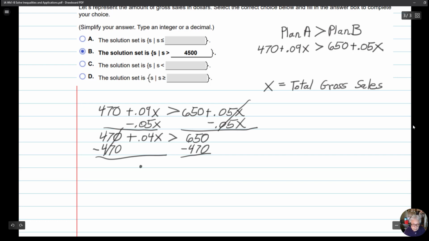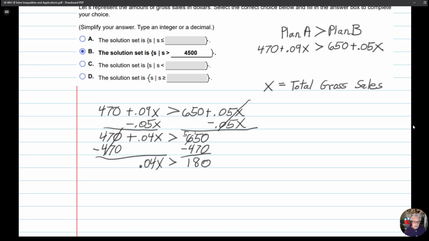I'll be left with 0.04x is greater than 0. See, I'll have to borrow a 1, and that will make this a 5. 15 minus 7 is 8, and 5 minus 4 is 1.